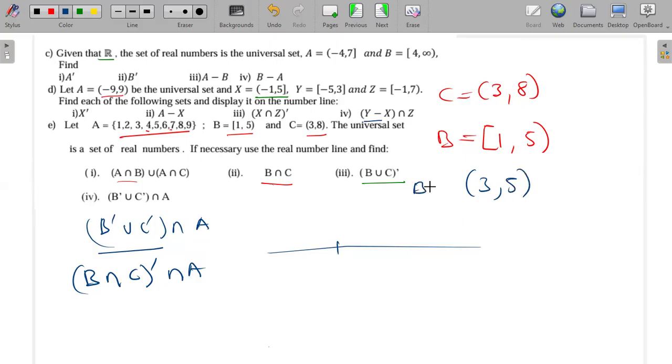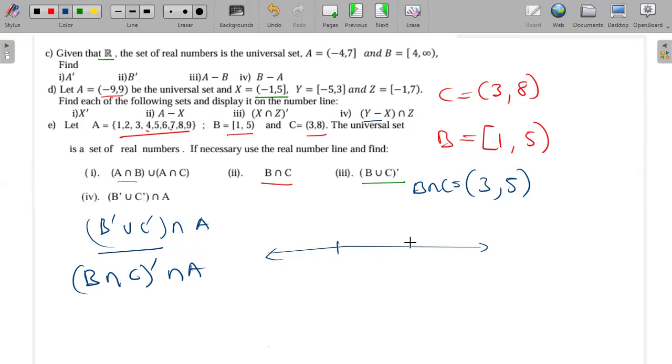So this is B intersect C. Now what is the complement? Everything that is outside here but is in the universal set, our universal set in this case being the set of real numbers.